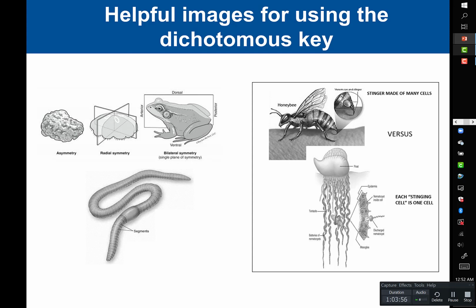It has these cells, these nematocysts, that are able to sting. So when we're talking about stinging cells, nematocysts, we're talking about individual cells. So don't think of a honeybee. That's not a cell that stings. It's a structure that stings, but it's not a cell. Jellyfish, for example, have stinging cells.